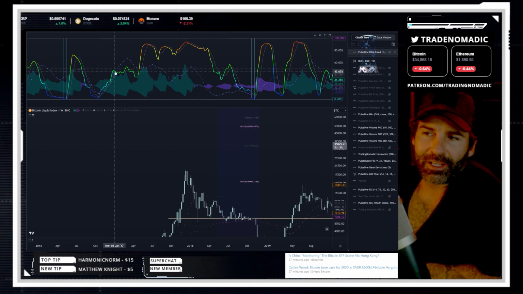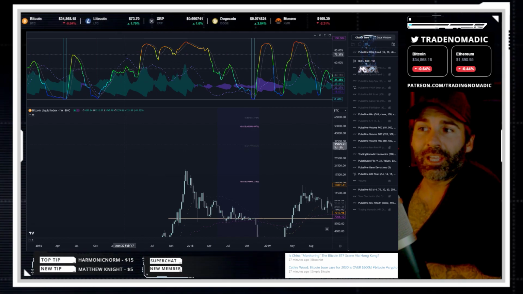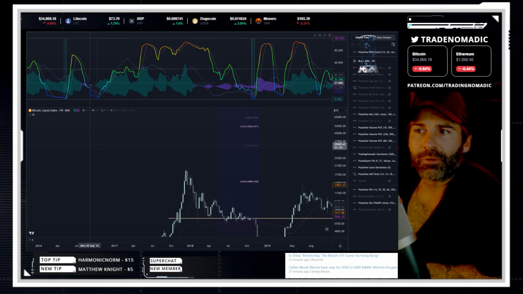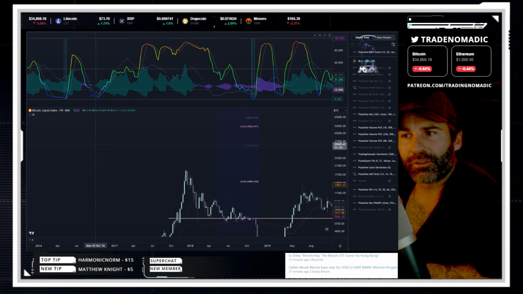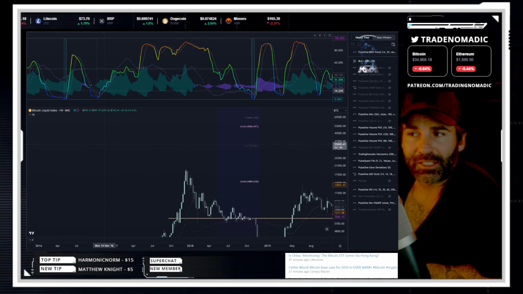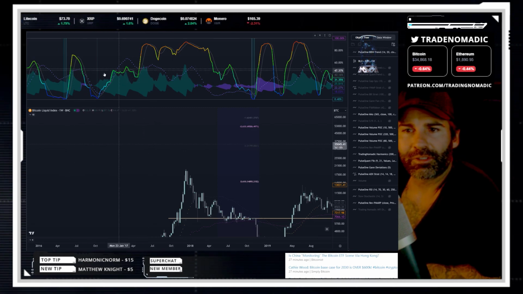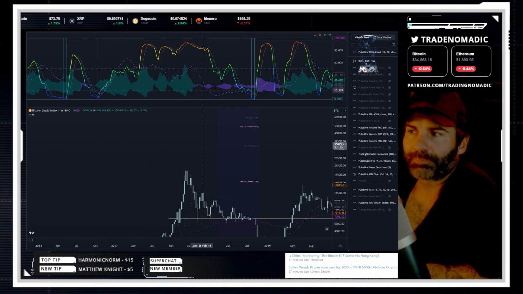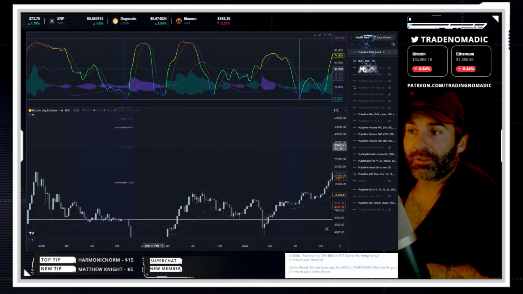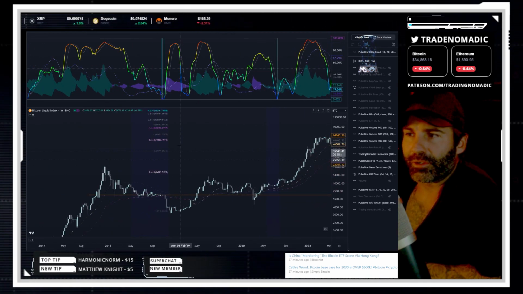When the ADX rises above the DX clouds and then rolls over, that's when the trend's ending. When the ADX is coming under the DX clouds and then begins rising and above 15, that would mean the trend is beginning. And then you use these two indicators together to give you a bias. If you're looking at the price action here, it's very useful.